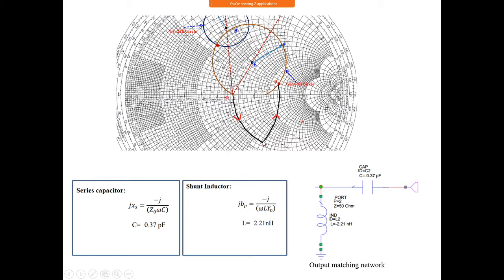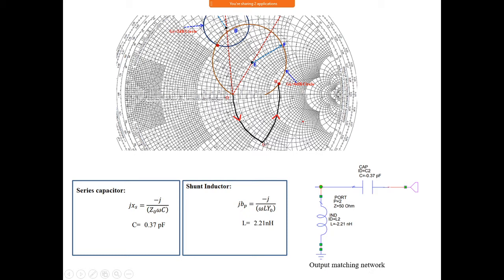From here you move over that conductance circle to reach this point. Starting from the 50 ohm load, if you move on a constant resistance circle in the anti-clockwise direction, that adds a capacitor in series.